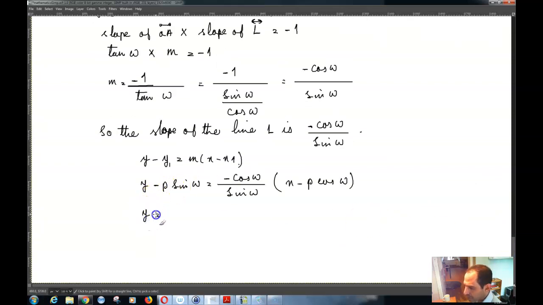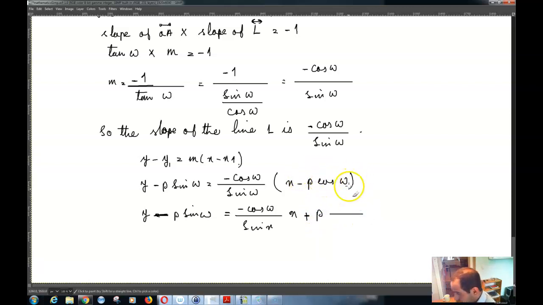Then y minus p times sine omega is equal to -cos omega by sine omega times x plus p times cos squared omega over sine omega.